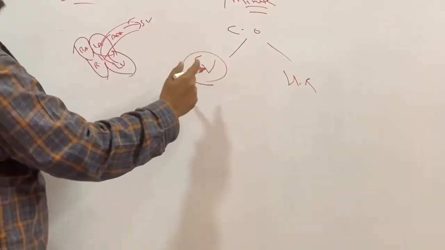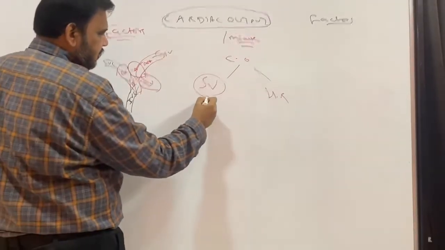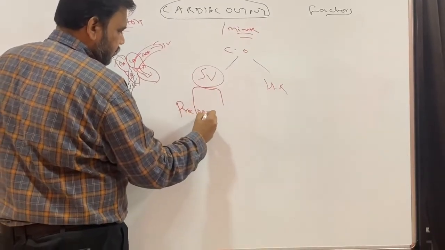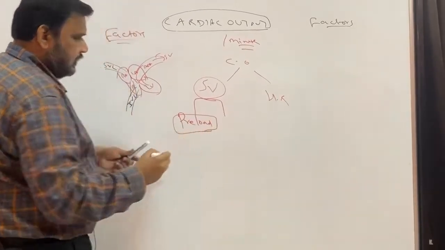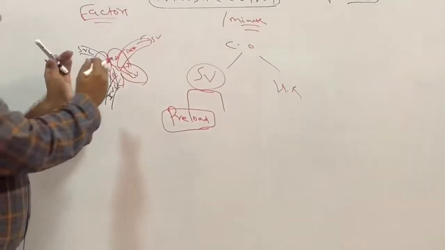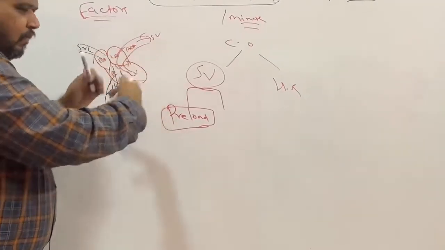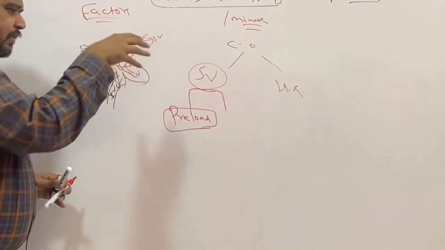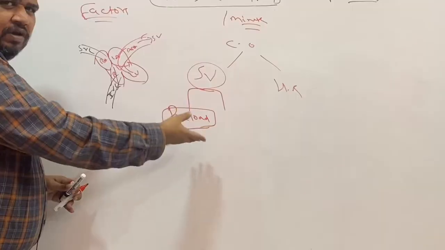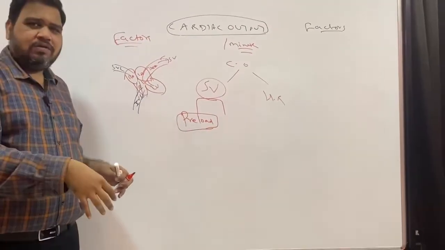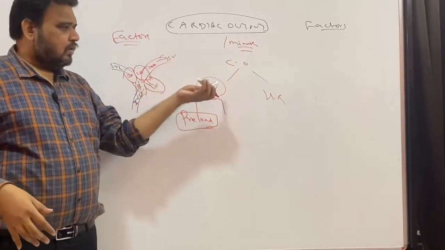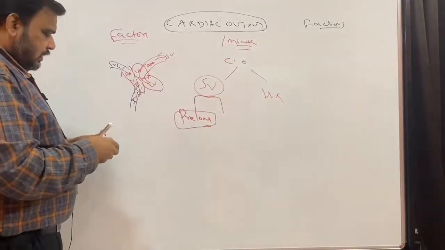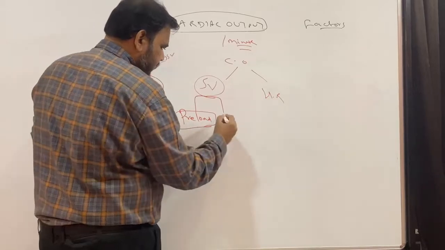Stroke volume depends on 3 things: preload, which is whatever is going to come into the heart before it is filled up. When more blood is coming into the ventricles, which is preload, there is going to be more output in the form of stroke volume, which determines the cardiac output. Another thing is contractility, or contraction.